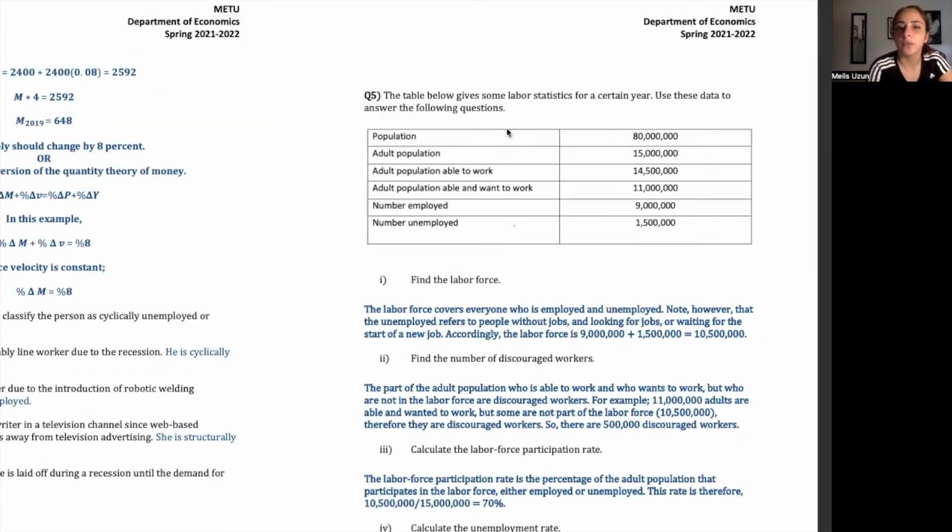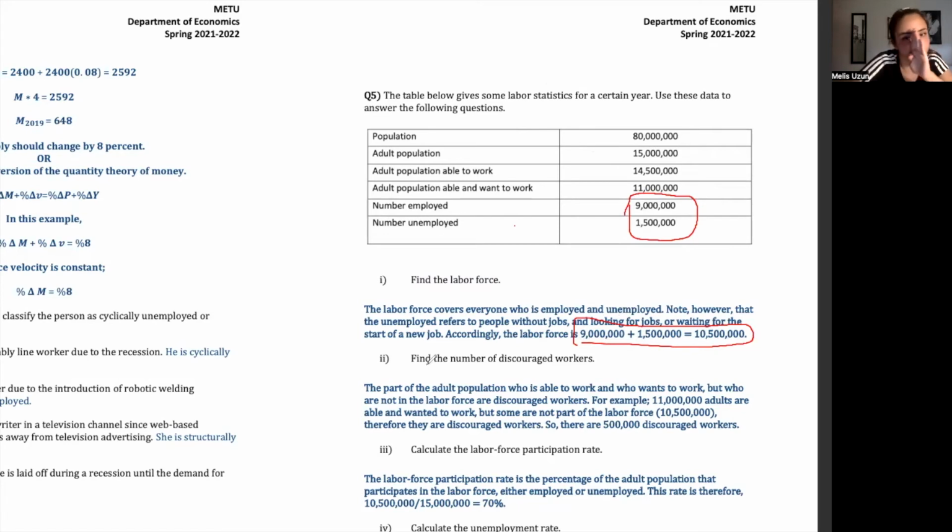Okay, question 5. It gives us a table that contains the labor statistics for a certain year. The first part asks us to find the labor force. Labor force is equal to the number of employed and unemployed people. So if we sum these numbers, we will find the labor force.